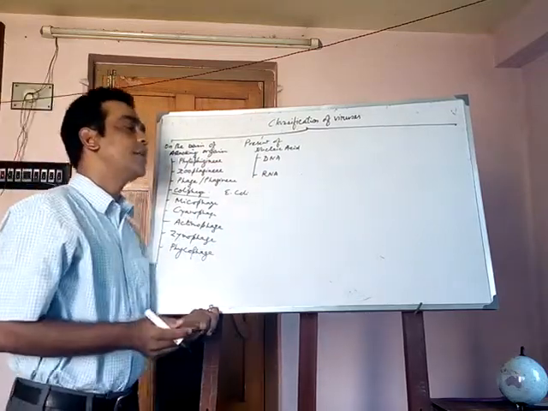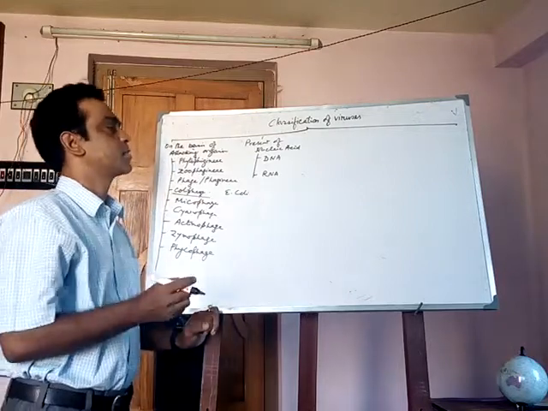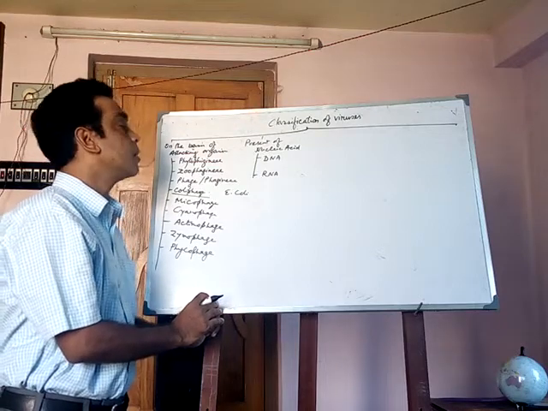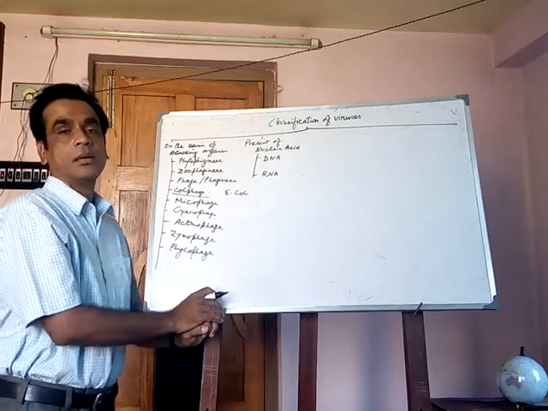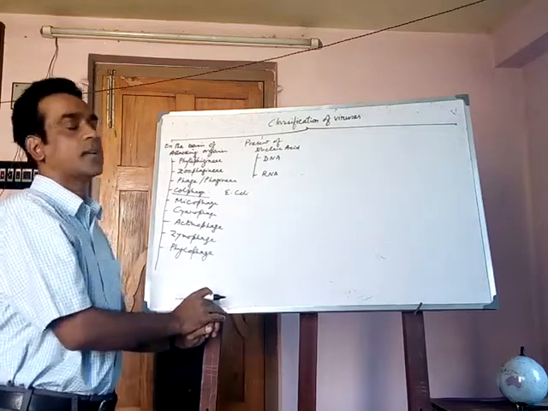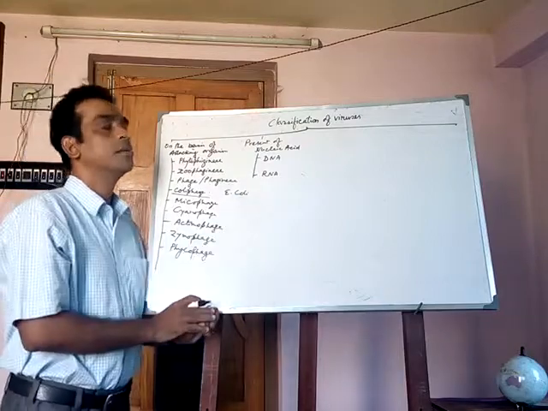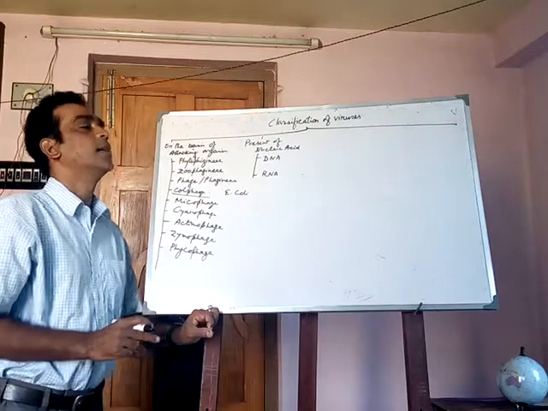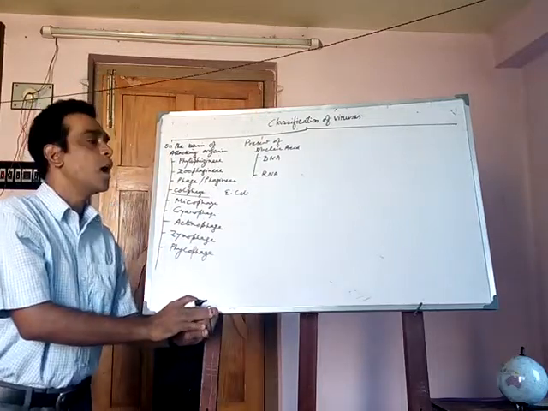The specific feature of viruses is that only a single type of nucleic acid, either DNA or RNA, is present in the virus body. When the nucleic acid is DNA, it is called a DNA virus.